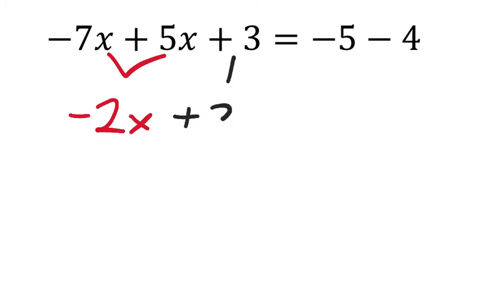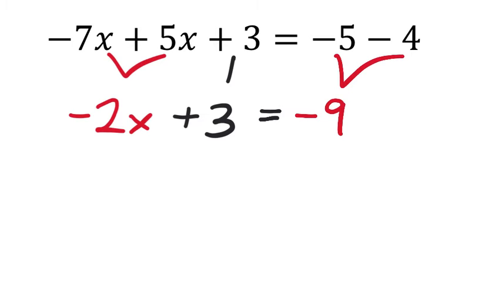I'll drop this plus 3, and you'll have to be careful, because some students in the past have taken this plus 3 and combined it with negative 5 and minus 4 right there. But you have to use principles of equality to combine those. You've got to zero this out, right? Which we will do. And then negative 5 minus 4, put that in the calculator, you'll get negative 9.